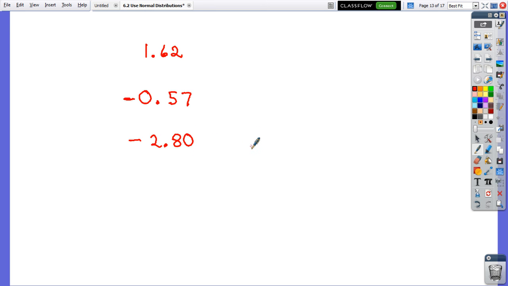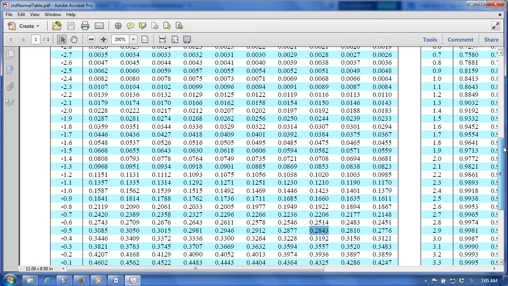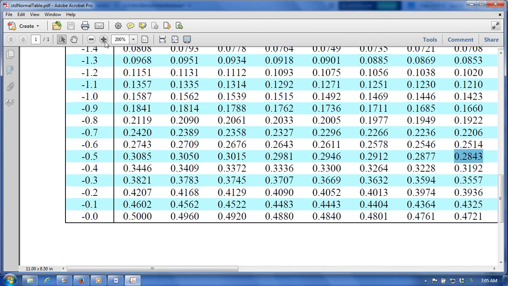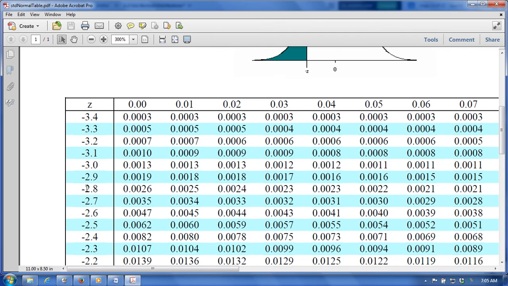There's no other real digits after it. So we're good. So this is the same as negative 2.80. Well, then all I have to do is go to my chart, and hopefully you can tell me before I get there. Negative 2.8. There's negative 2.8, and the 0 column will be here. So it'll be this value here. All right. So if you can read this table, you're halfway there.